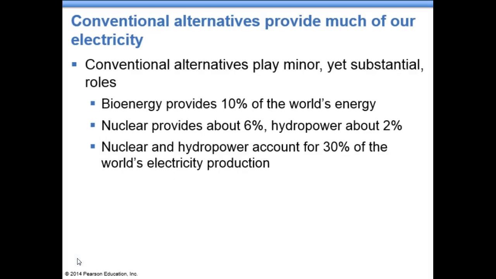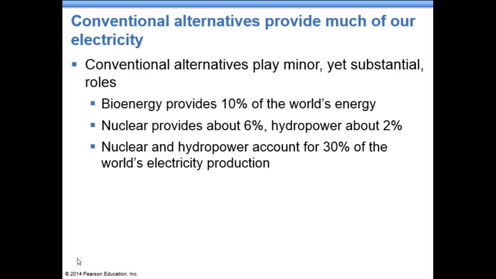As we saw in the pie charts two slides ago, and you might want to go back and take a look at them, the amount of energy that they actually provide is only about 1% in the overall scheme of energy. But when you look globally, it's a different picture. Fuel wood is another form of bioenergy, and it provides about 10% of the world's energy.